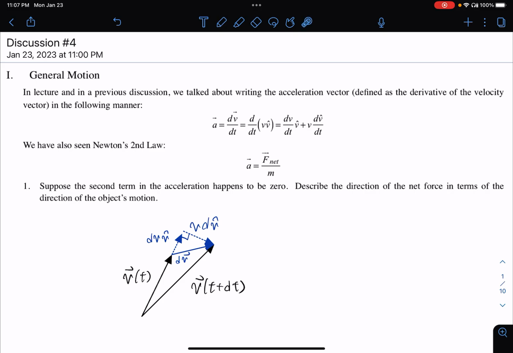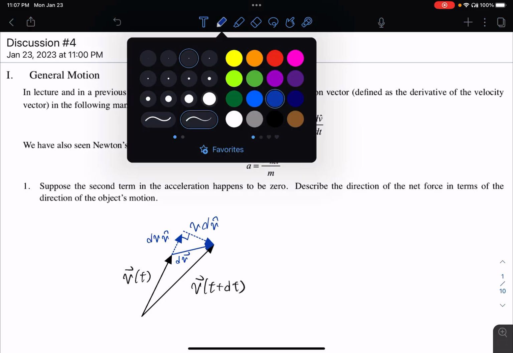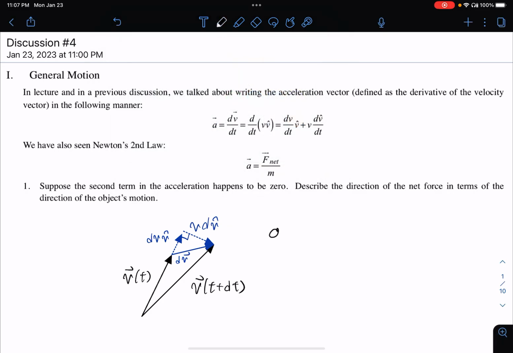Now, let's suppose the second term is 0. It means that the acceleration, which is parallel to the net force, will be purely in the direction of velocity, because any acceleration perpendicular to velocity will be represented by the second term.